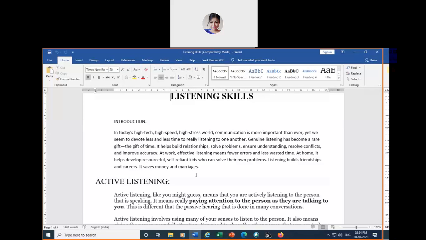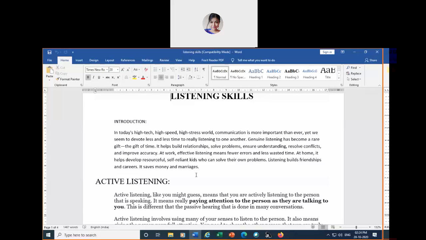It's totally up to you whether you want to be an active listener or a selective listener. If you are an active listener, you will get all the necessary information. But if you are a selective listener, then you'll miss a lot of information because you do not listen to the whole speech; you select and listen.